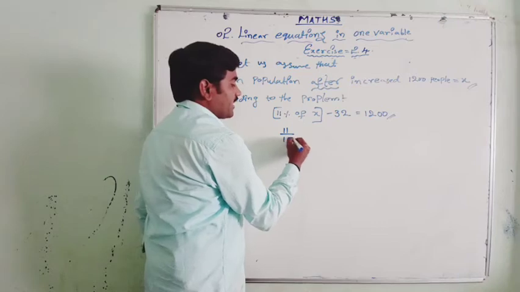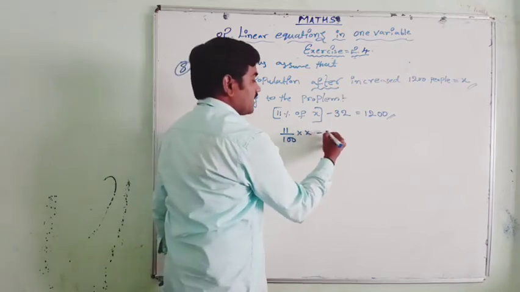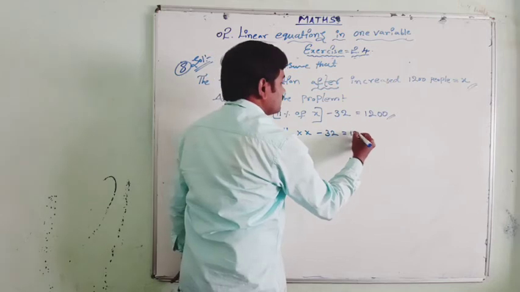We can write 11 by 100 into x minus 32 is equal to 1200.